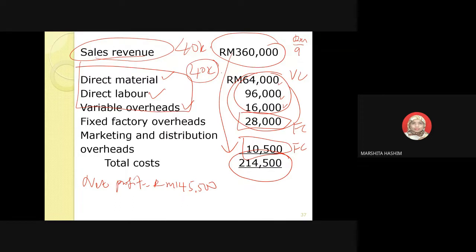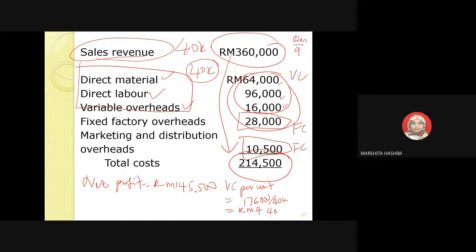How much is your variable cost per unit? Variable cost per unit, how much, class? Total is 176,000 divided by 40,000. How much? 4 ringgit 40 cent. Very good. 4 ringgit 40 cent.